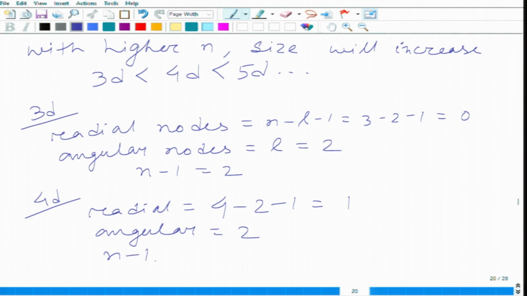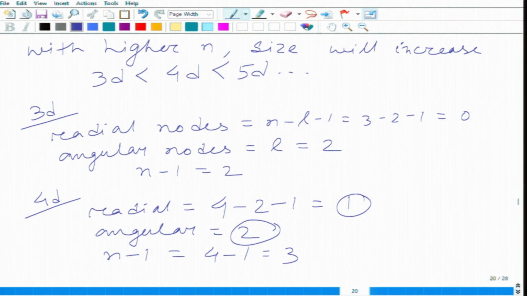So total nodes n minus 1 is 4 minus 1, so 3. So we are also getting 3 by adding these two. So like this we can calculate the number of nodes for any given orbital.